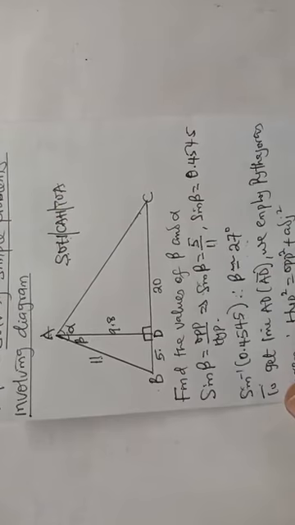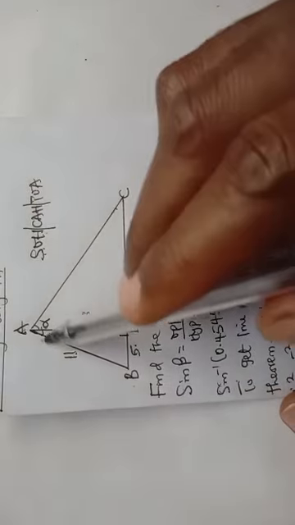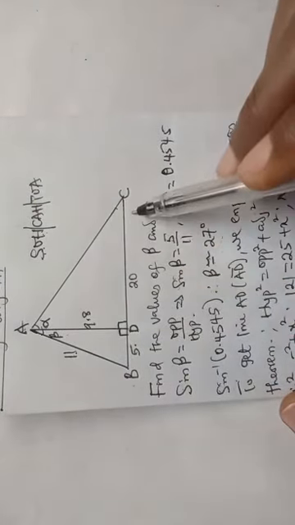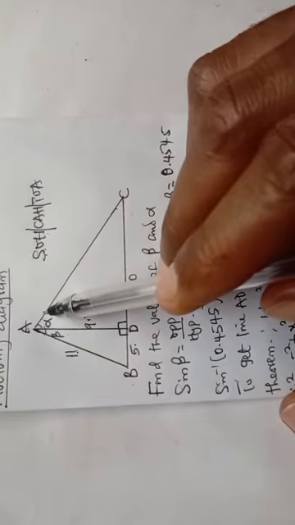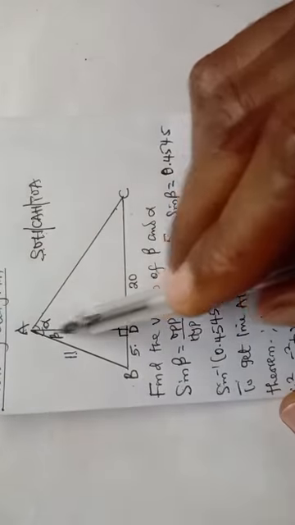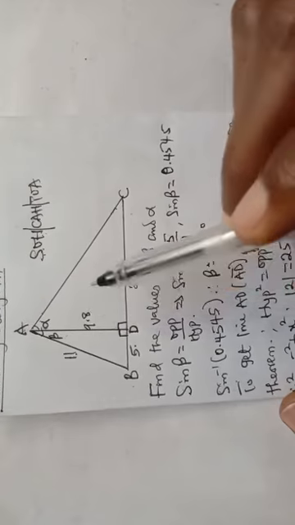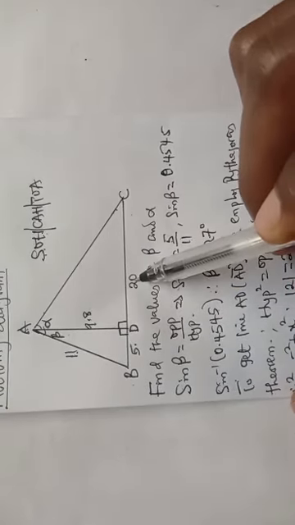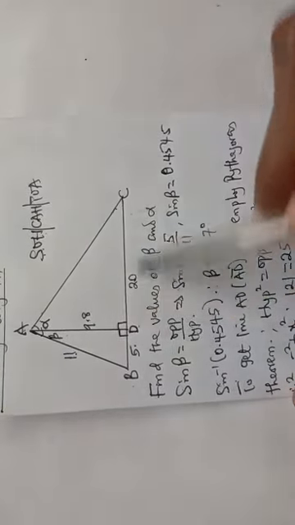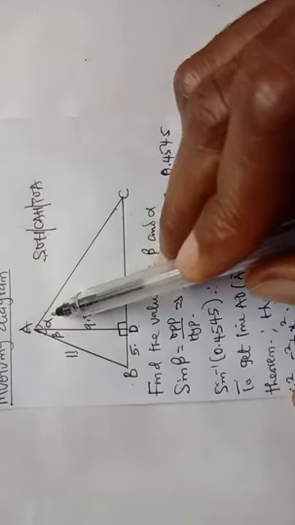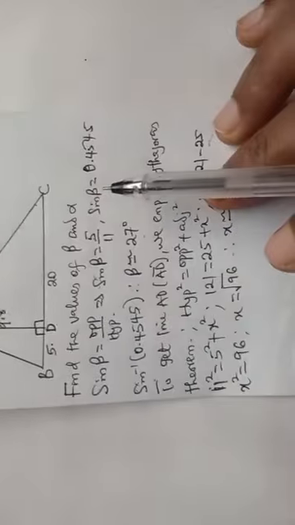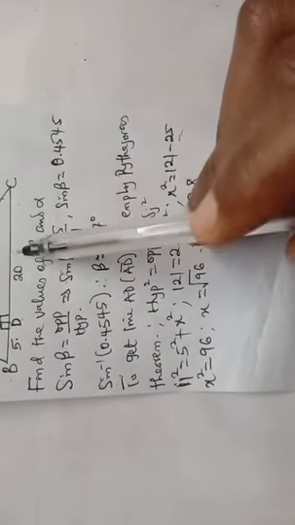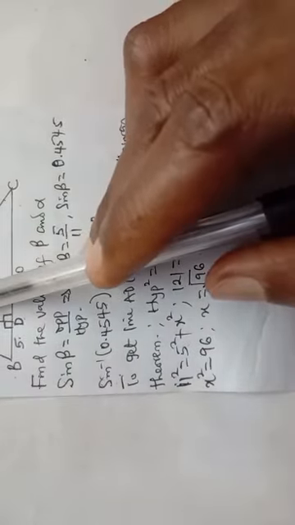Now, having known this line and this line, you can get the value of alpha. This value, 9.8, and 20 are within the triangle ADC, where alpha is also found. So from there, you can get the value of alpha. Here becomes the opposite because alpha is the reference angle.